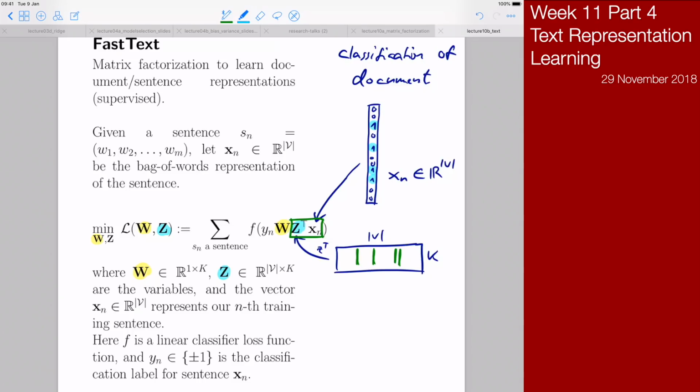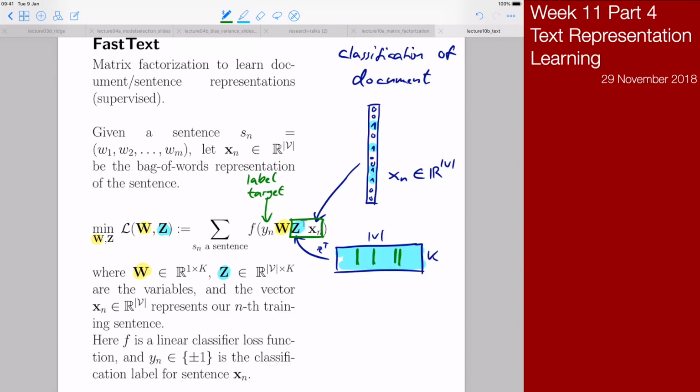So Z is this big matrix here. And these are my optimization variables. And I will just try to optimize this over all my sentences. And also, here you have your label or target. Remember, this is supervised text classification. So for each document, we need to have the label if it's a good or bad document. That's the YN, and the document itself is the XN, the usual notation.